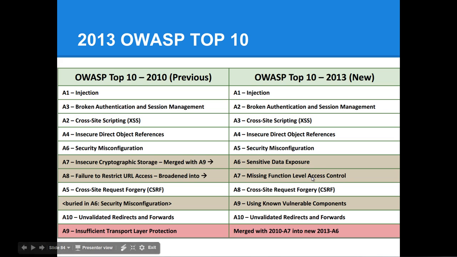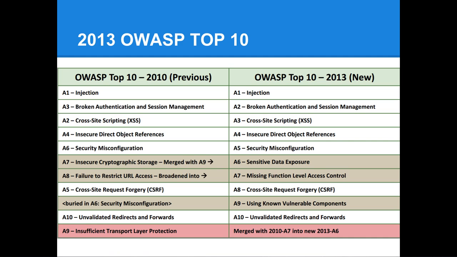Missing function level access controls is effectively admin functions and actions aren't sufficiently protected. And similar to that is cross-site request forgery, which typically attacks that same feature, or rather the admin functions.